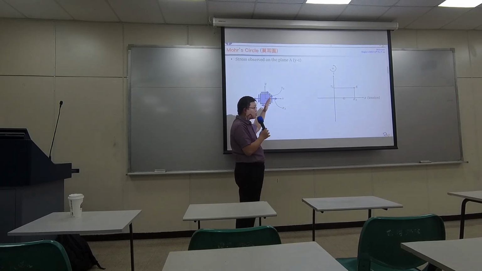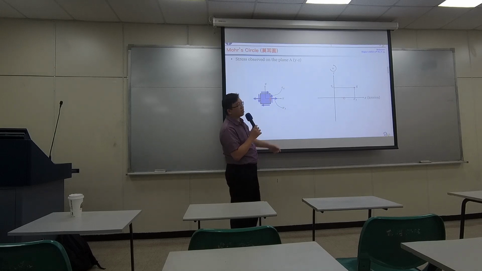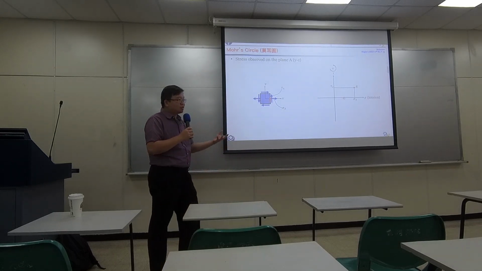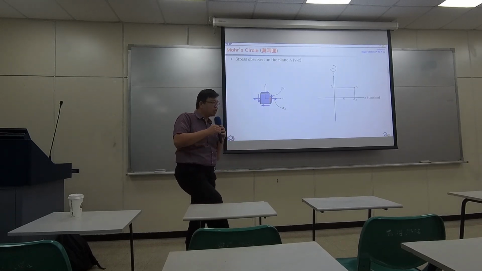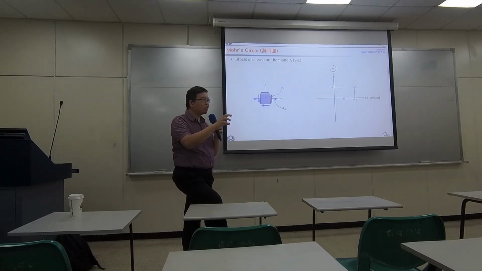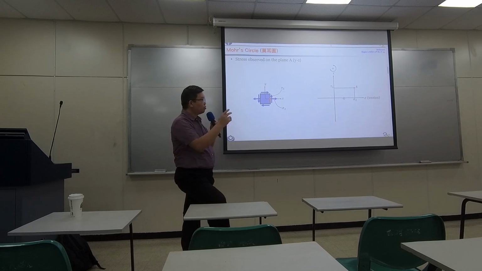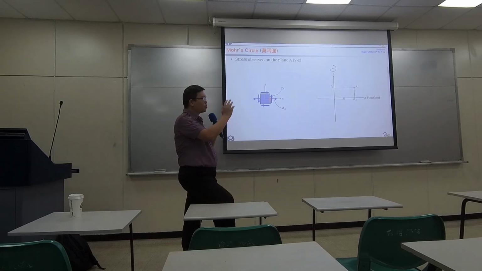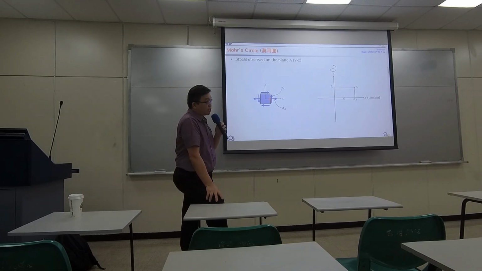Along a different direction, the stress is even larger. So like what we wanted to do at the beginning, we need to find the worst loading condition. Principal stress direction is the worst loading condition.